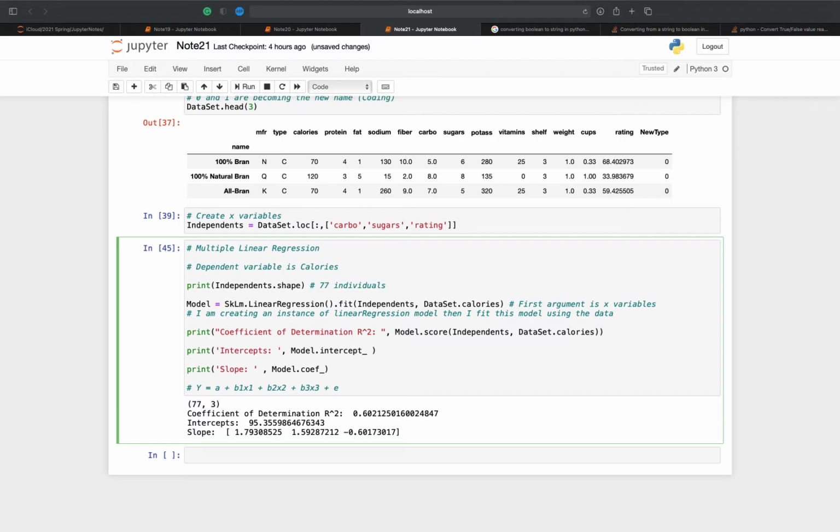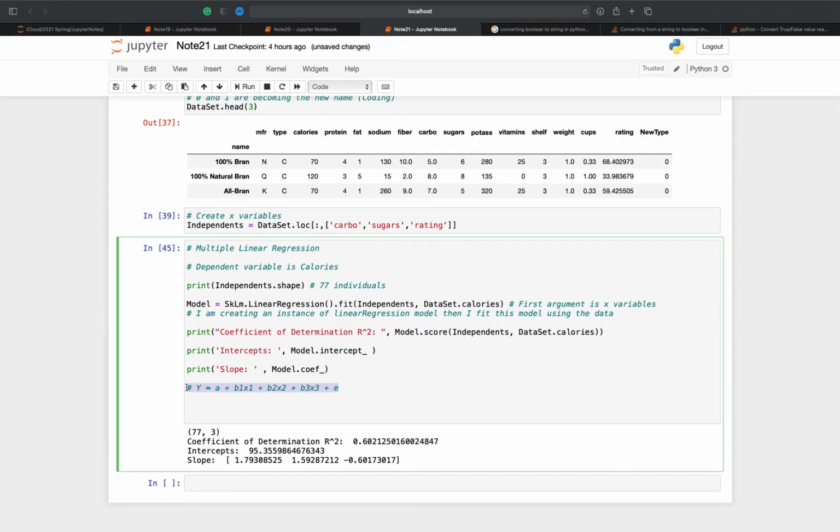Okay, so it will be something similar to this, right? We have an intercept, a slope for x1, a slope for x2, a slope for x3, and this is the coefficient, meaning 1.79 for b1, 1.59 for b2, negative 0.60 for b3.